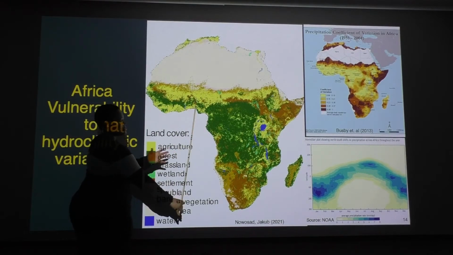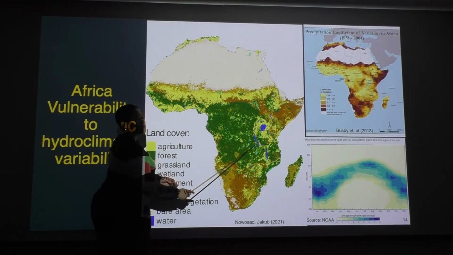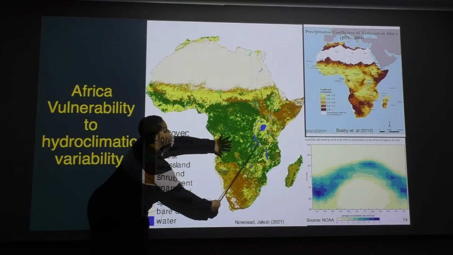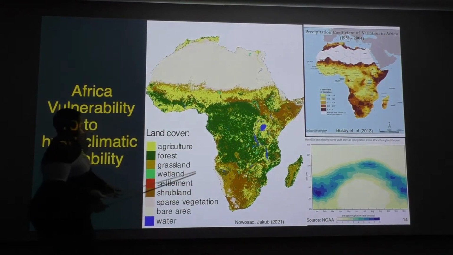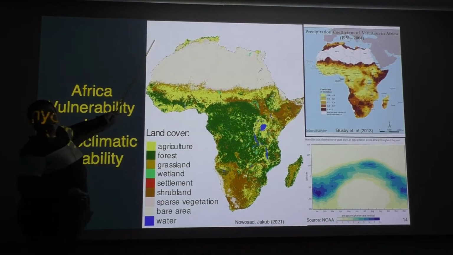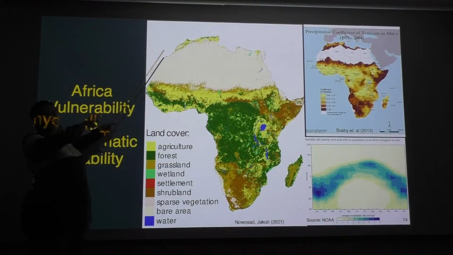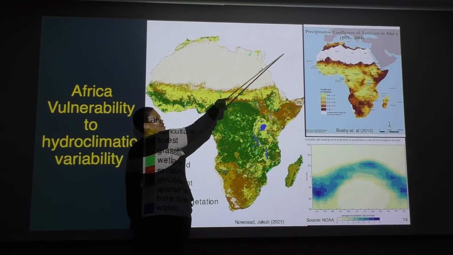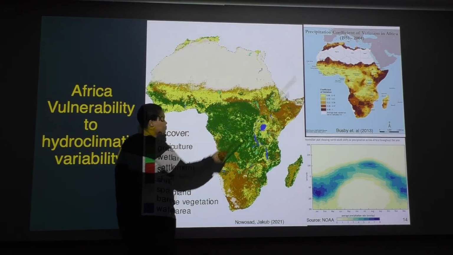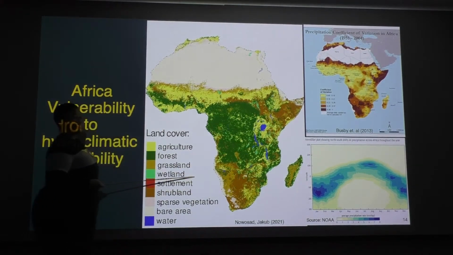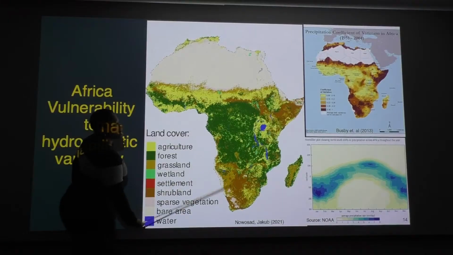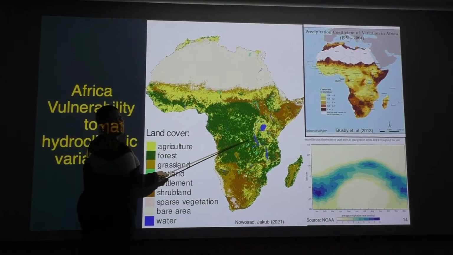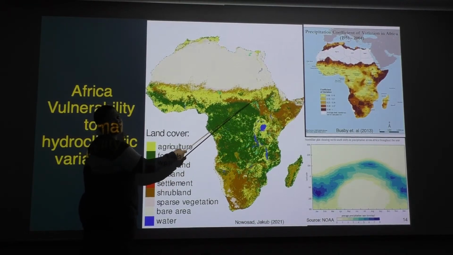So it keeps on moving this end and this end. And over this area, there is a Siberian high pressure system. Over this area, there is the Arabian pressure system. There is Saint Helena and there is Mascarene. When they intensify and connect with the ITCZ, they cause all these changes.